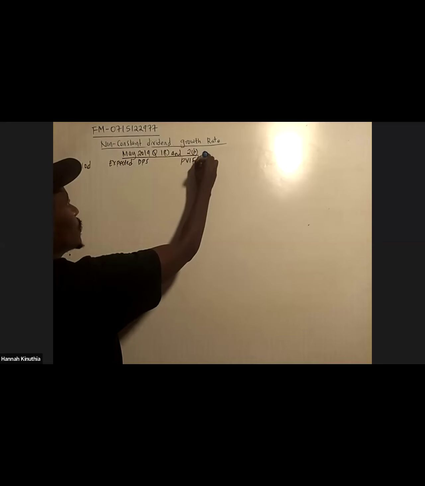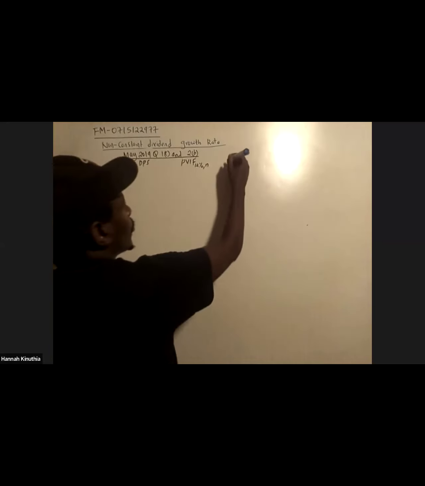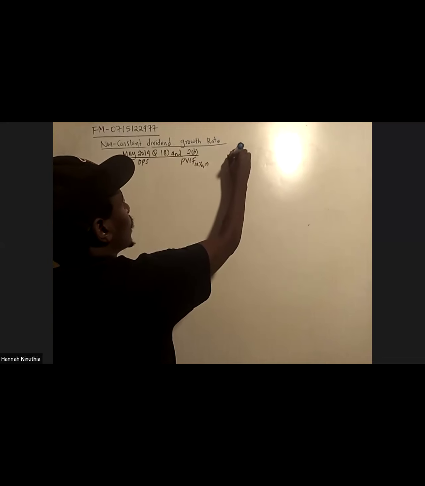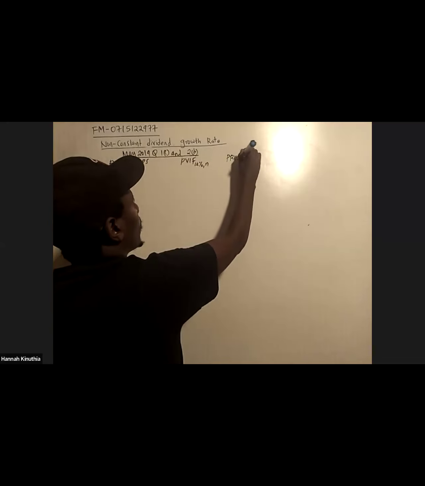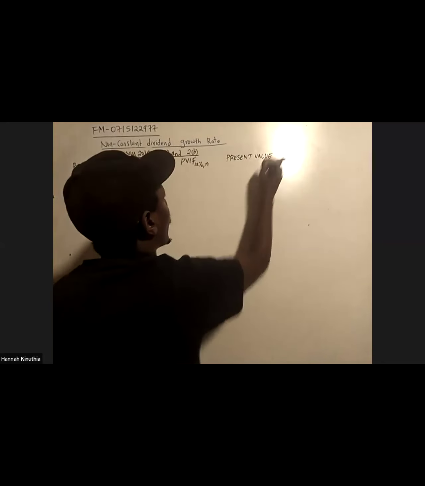Now this one is for 12% for end period. Then present value. So I think if it is like that, it is okay.